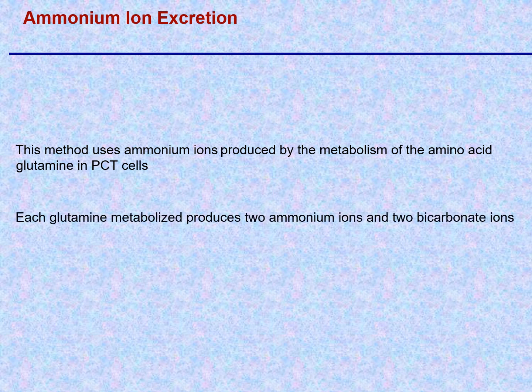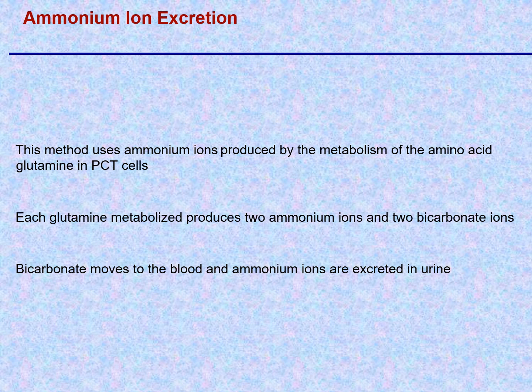And ammonium ion secretion. Here we have ammonium ions produced by metabolism of the amino acid glutamine in the proximal convoluted tubule cells that line the proximal convoluted tubule.